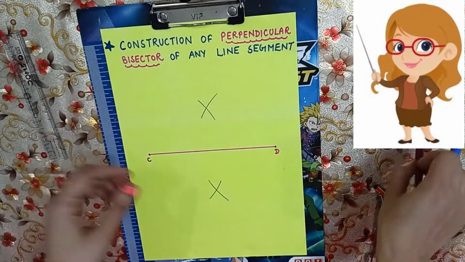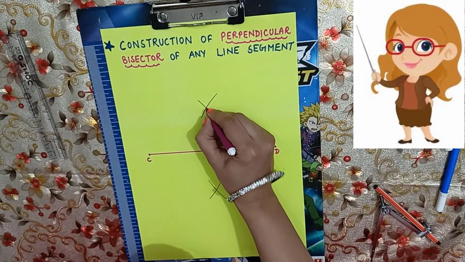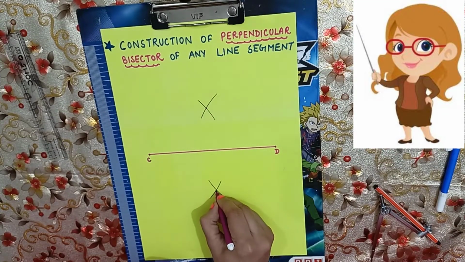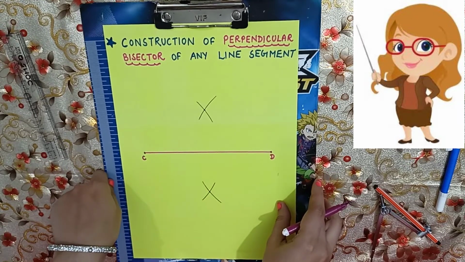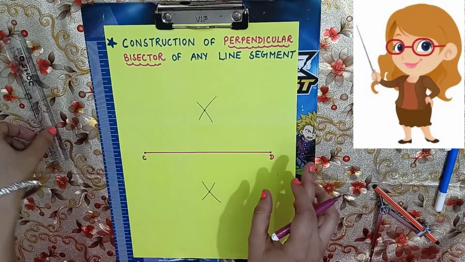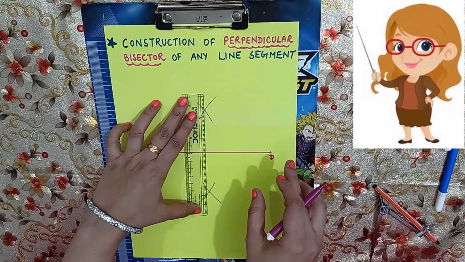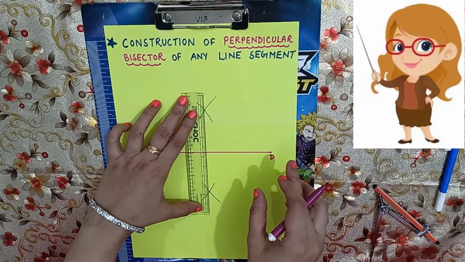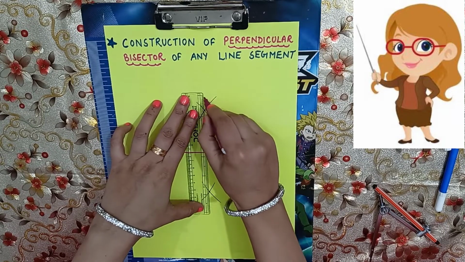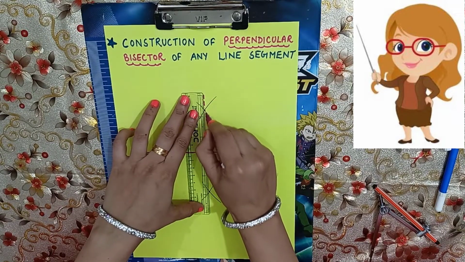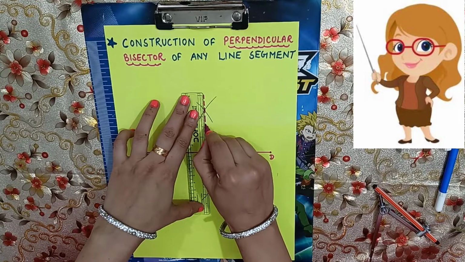These are the intersection points of these arcs. Now we will join these two. So let's join by using your scale. So I am joining this and I am making a dotted line.